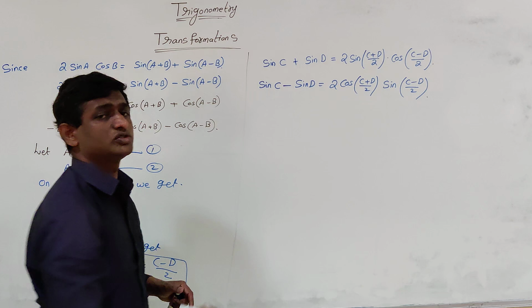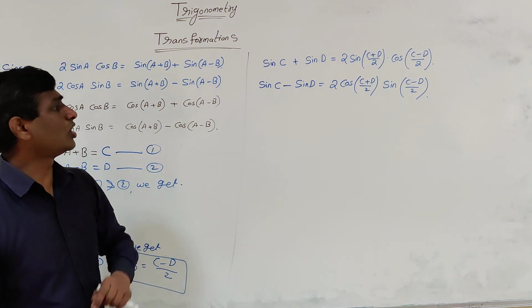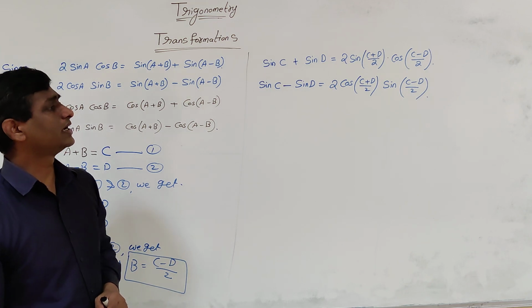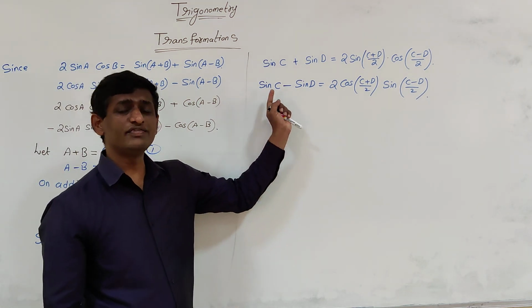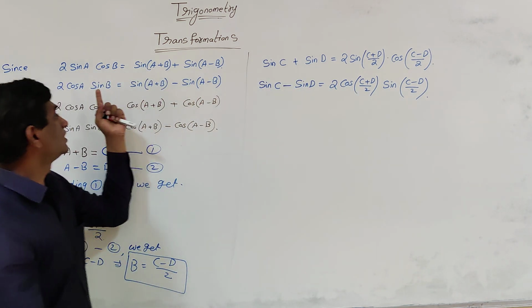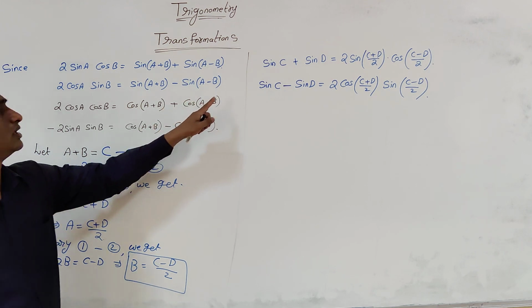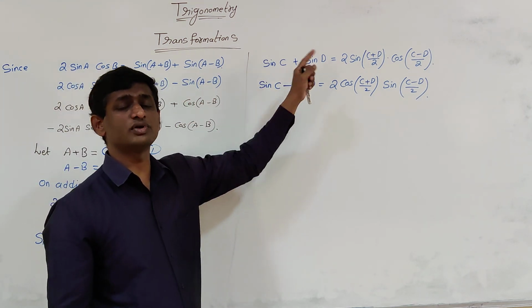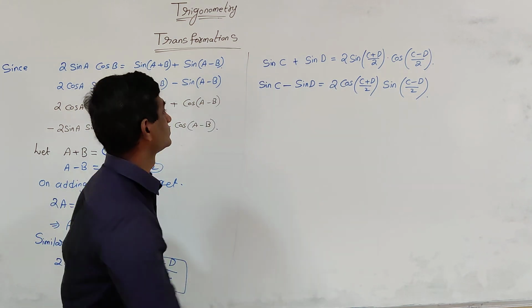So the difference of the trigonometric ratios will be 2 cos C plus D by 2 into sin of C minus D by 2. It is a transformation, difference to the product. These are the transformations from product to sum or difference, but here the sum is transformed to the product and the difference is transformed to the product.